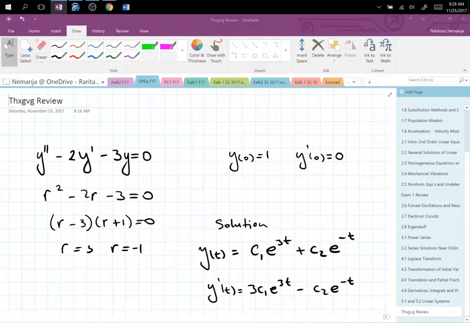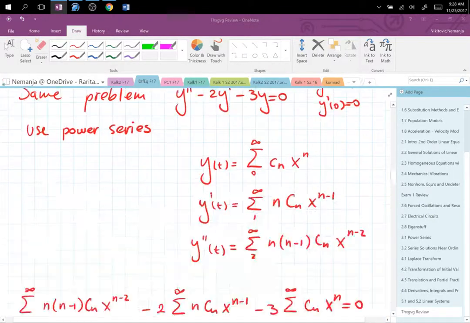Ohms for resistance, and henries for inductance.